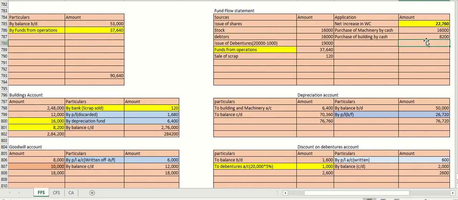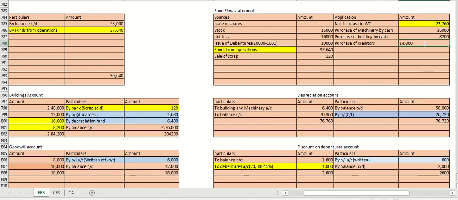So next item is purchase of creditors by shares. So purchase of creditors by shares, because the creditors we are purchasing by issuing of shares, which is a liability, hence we will account that as how much we have purchased the creditors by 14,000.